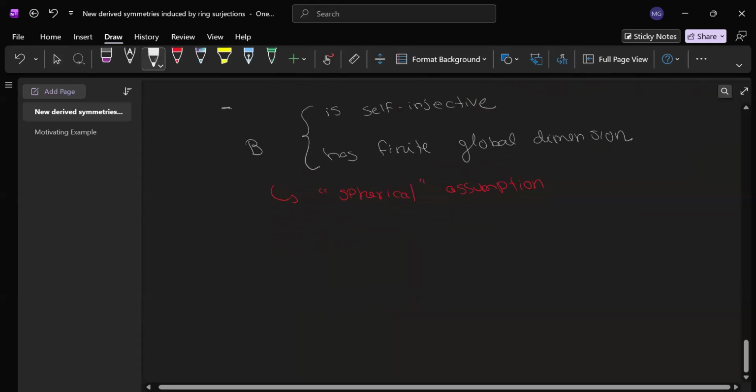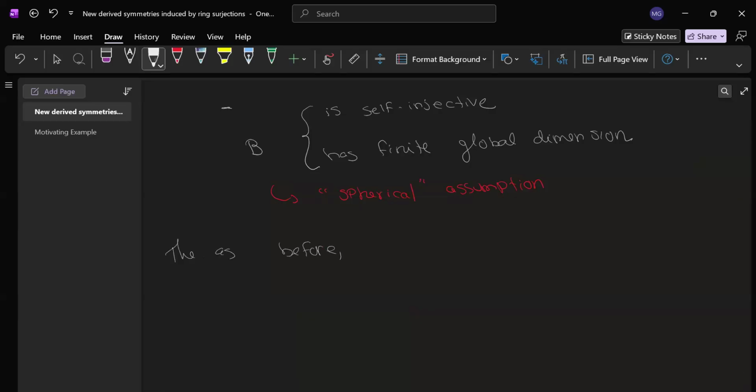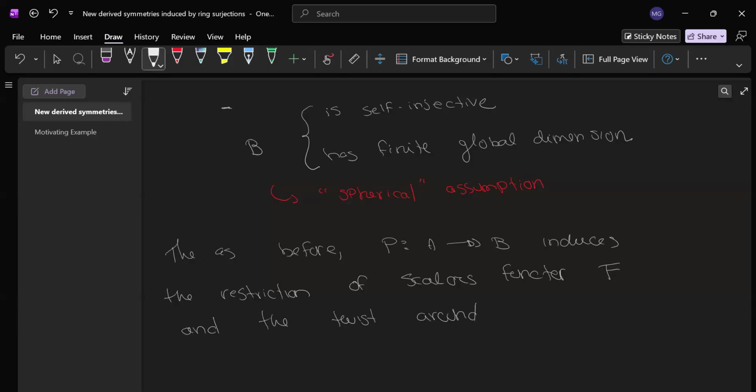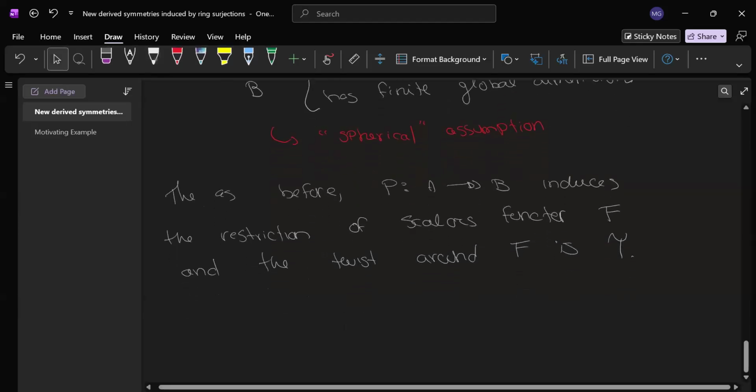And as before, this ring surjection from A to B induces the restriction of scalars functor F, and the twist around F is this functor curly T that we want to characterize as an equivalence.